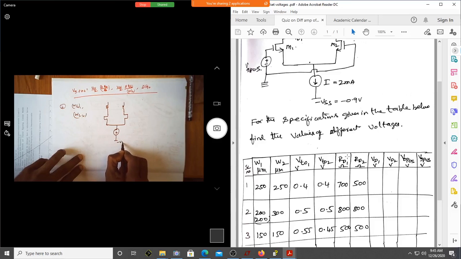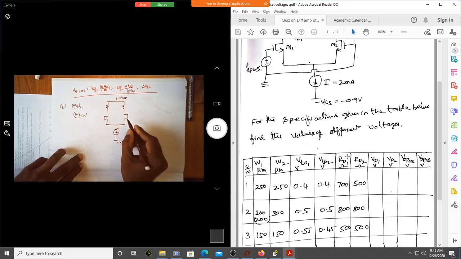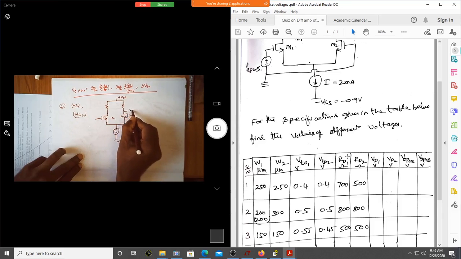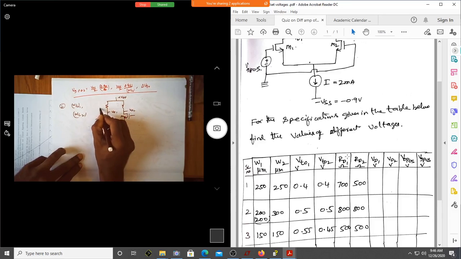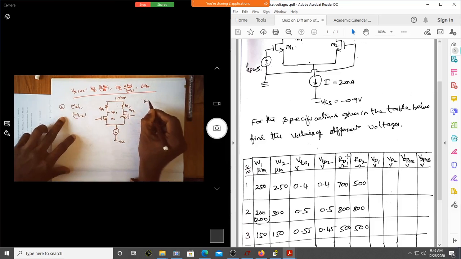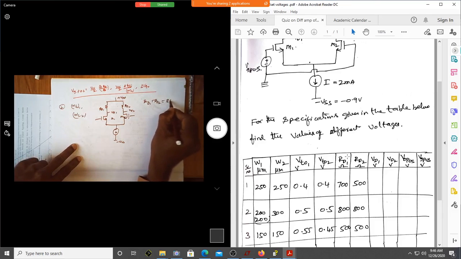It is minus VSS, and this is, I hope you are writing it, not seeing like a movie. So this is okay. Now M1, M2, this is VD2, this is VD1, this is RD1, RD2. So for the second case, RD1 is equal to RD2 is equal to, now it is 800 ohm.